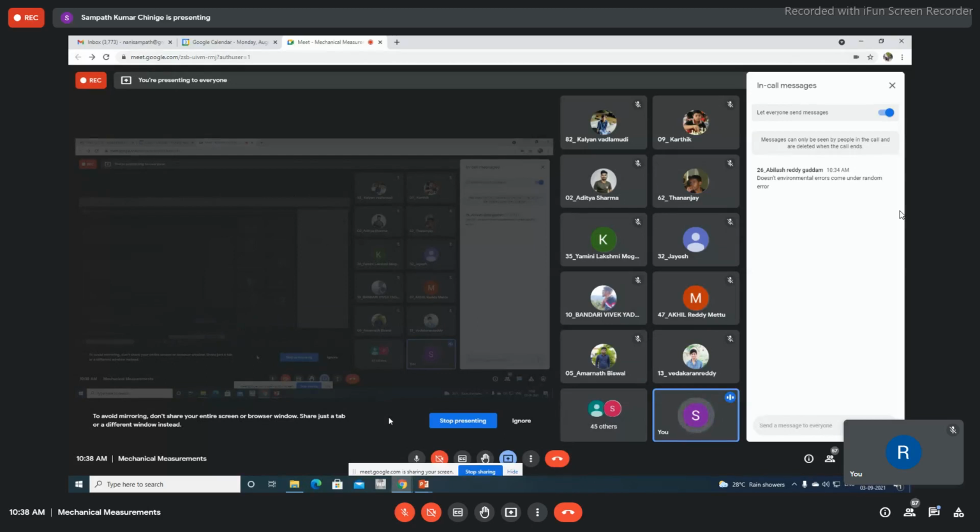So these experiments are different compared to the experiments that I'm seeing. These are academic experiments which can have some error, and there is a range for this error that is always accepted. That's why we don't say a particular value. In heat transfer you have one experiment for what we call the Stefan-Boltzmann constant. Its value is a constant, 5.67 into 10 power minus 8 watt per meter square Kelvin power 4.